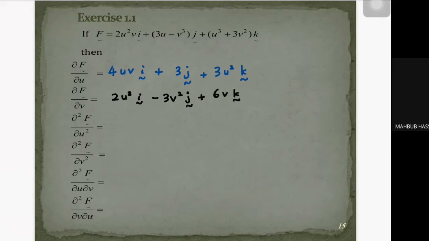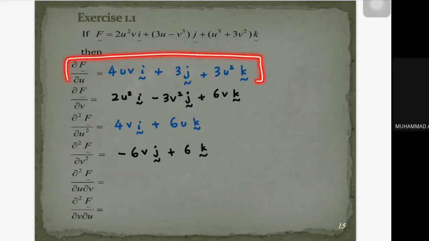Del square f over del u squared. This means you have to differentiate this with respect to u: 4v i plus 6u k. And then del square f over del v squared: negative 6v j plus 6k. The fifth value, you have to differentiate this with respect to v: 4u i plus 0.